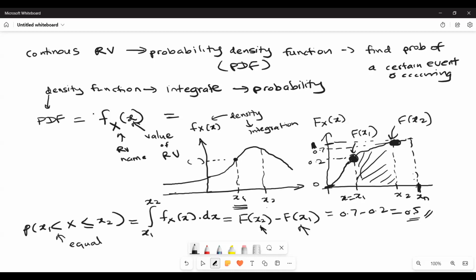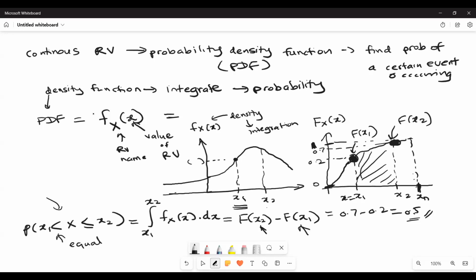Anyway, this is basically the probability between x1 and x2, and it can be found using the cumulative distribution function, and we can define it mathematically using the probability density function.